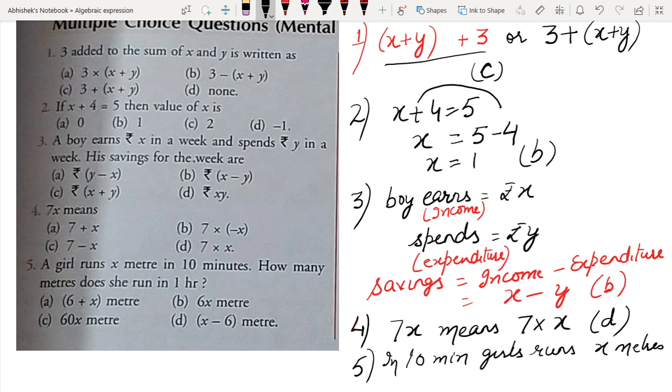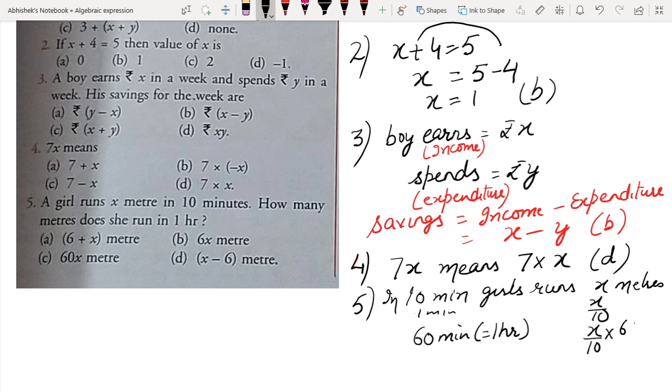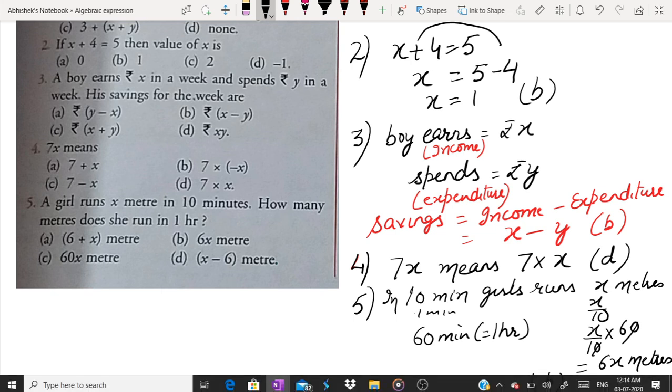In 1 hour we have 60 minutes. So in 1 minute the girl runs x by 10. And in 60 minutes, which is 1 hour, it is x by 10 into 60. So here we have 6x meters. 6x meter, B option is correct.